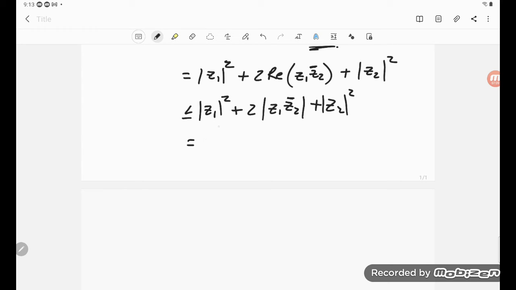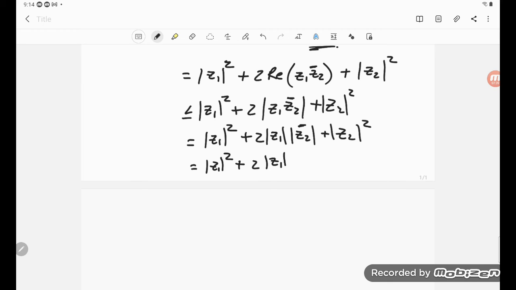And now we can separate. So we had that one inequality, but now this is an equality again, in that I've got the absolute value of Z1 times the absolute value of Z2 conjugate plus Z2 squared. But now this is absolute value Z1 squared plus 2 times absolute value Z1 times the absolute value of Z2, because now we get to get rid of that conjugate since we're just talking about the absolute value of Z2 and Z2 conjugate.